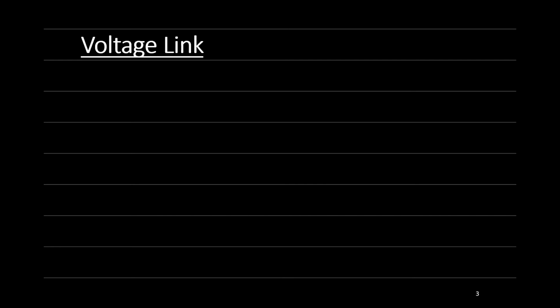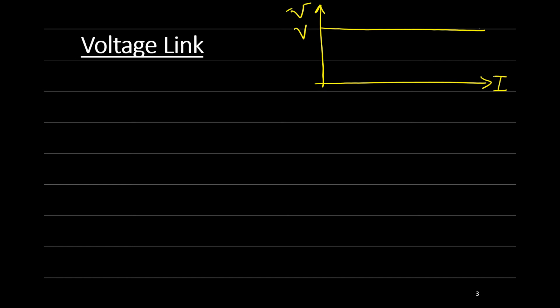So here we have a constant voltage. Okay, so this is the voltage, this is the current. We have a constant voltage source, and we have the option to operate at any current we want. So this is the key point in voltage source.